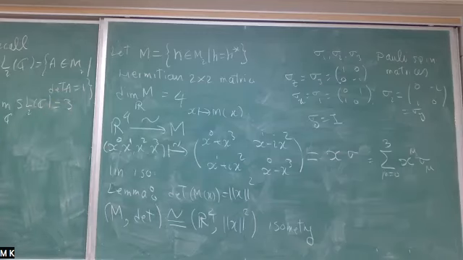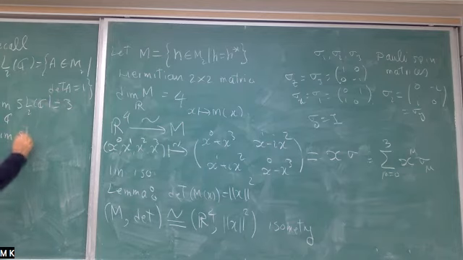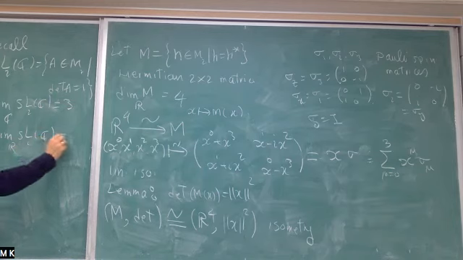But you can also think of it as a real Lie group, which has real dimension 6. And when you see it as a real Lie group, obviously it's going to be a 6-dimensional thing.